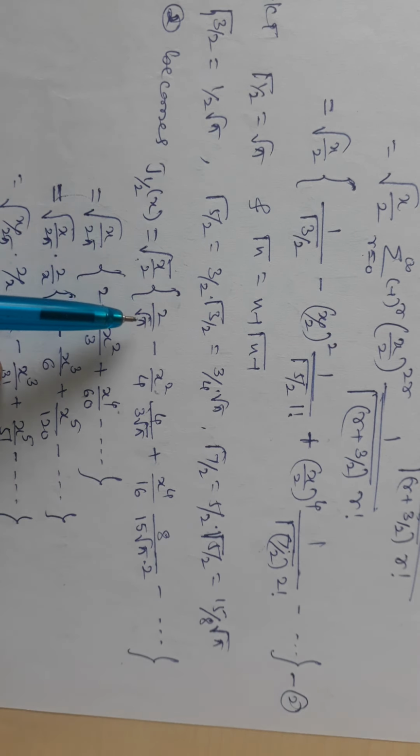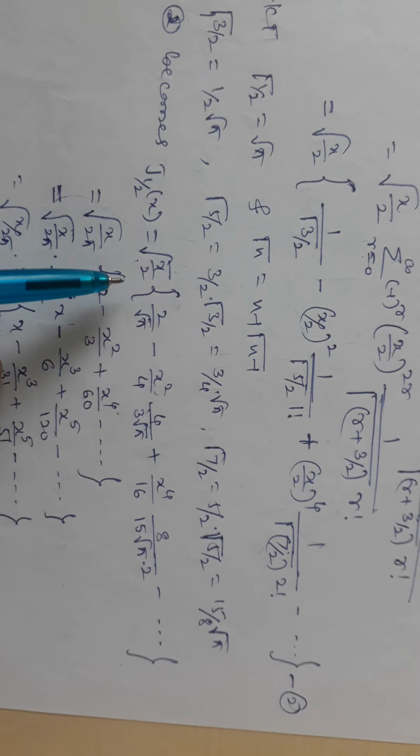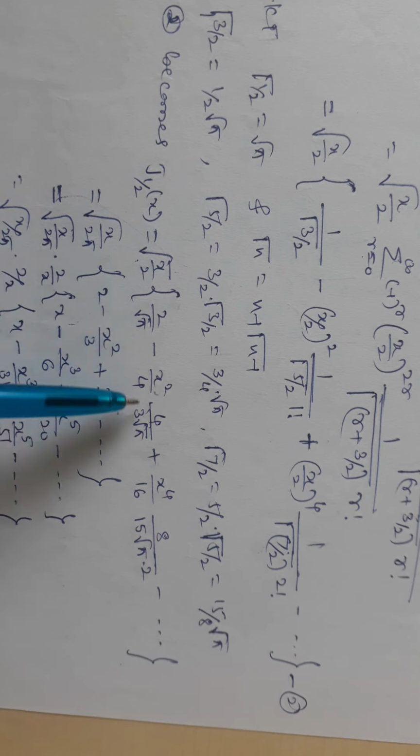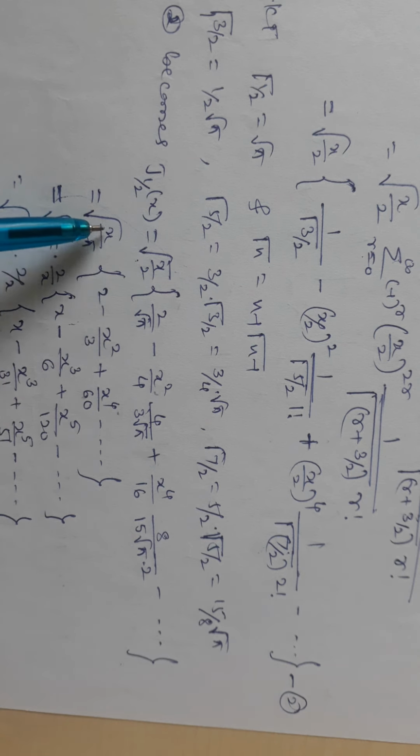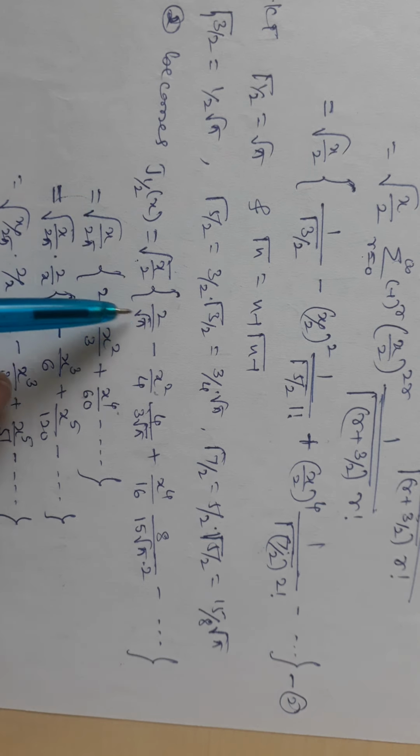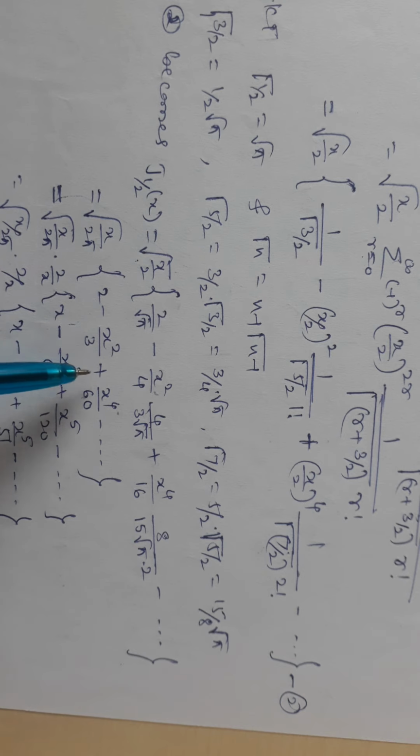Now I can take root pi common, then it is under the square root, therefore square root x by root pi, remaining term is 2 minus x square by 3 plus x to the power 4 by 60 minus 1. Now here, for our convenience I can multiply and divide by 2 and multiply and divide by x.